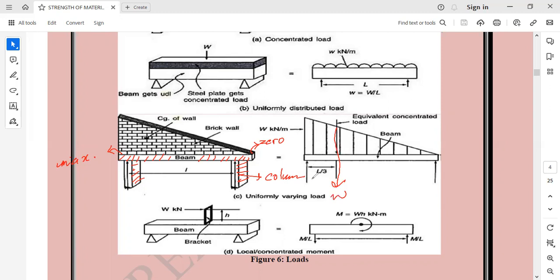Here the center of gravity lies at a distance L by 3 from one end and 2L by 3 from the other end. This type of load is known as uniformly varying load.